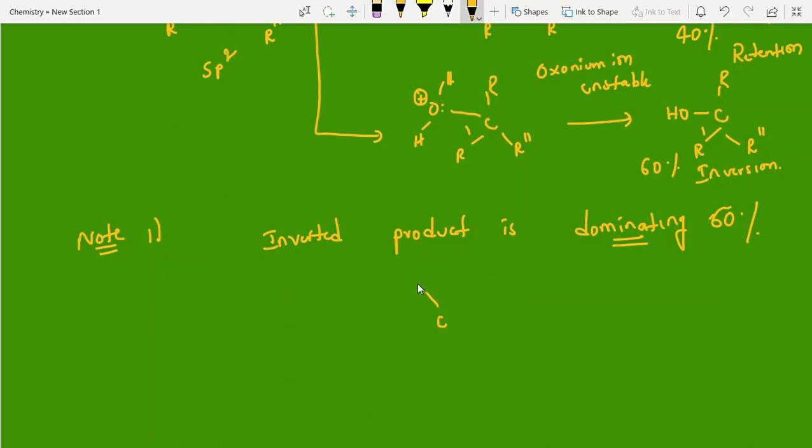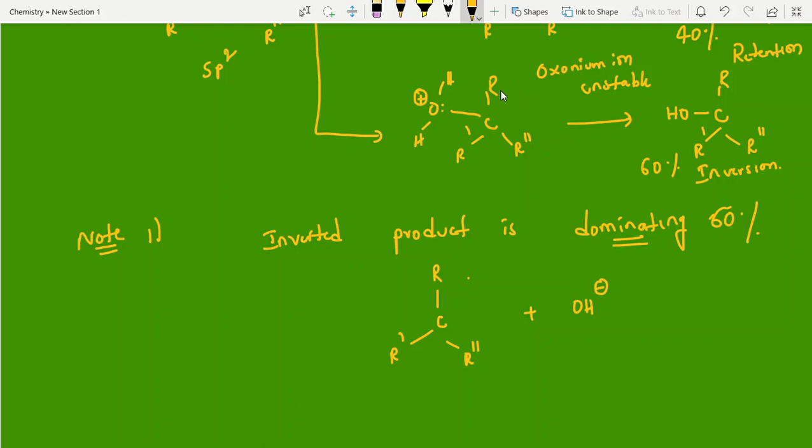Okay, see, next point: why is the inverted product dominating? Look into this. Suppose R, what is this you have written, no? One second. We take a planar structure only, so we can understand easily. Now this is R dash, R double dash, clear? Now here suppose OH minus is attacking. I am taking the nucleophile OH minus, or water also you can write.